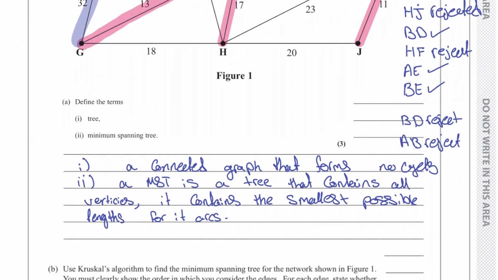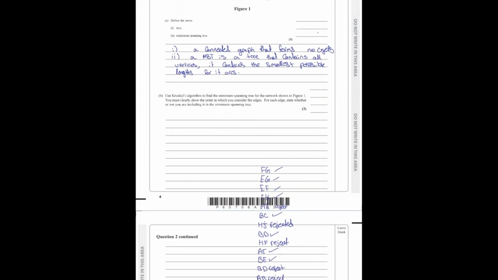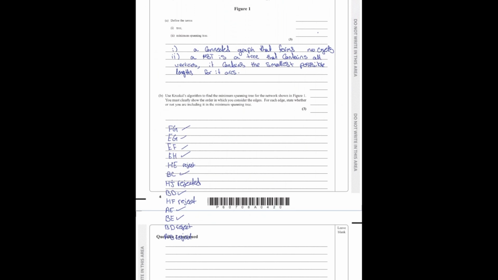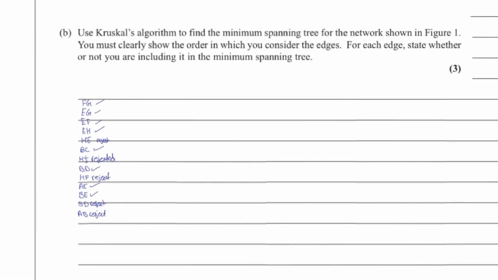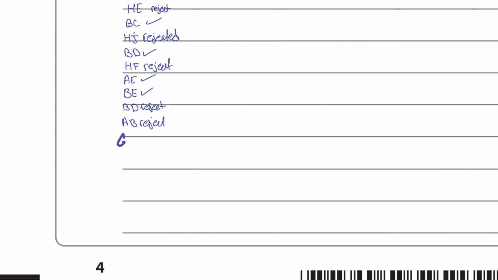One sec. Okay, I can bring these down, make them a little bit smaller. Okay, so AB, reject. There was a DG, reject, and AD reject.